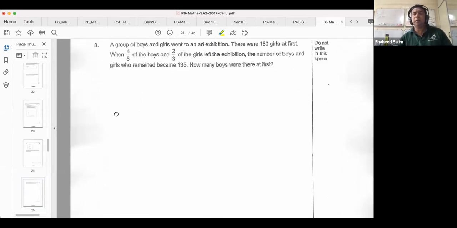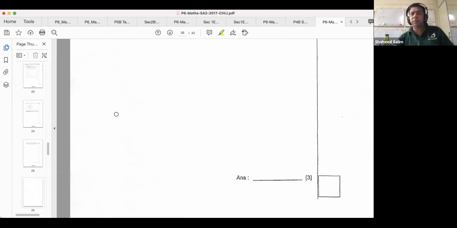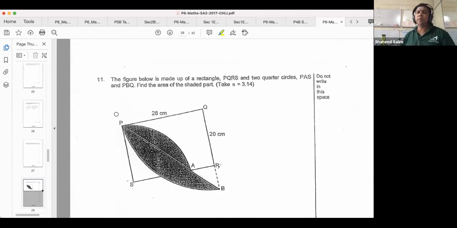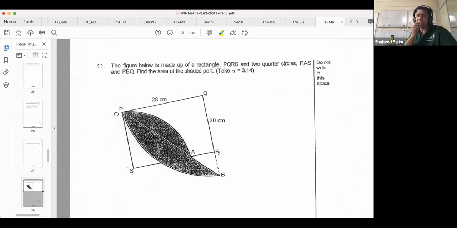Done? I'm searching for this one. Your last question. You know that circles are coming out, right? Last question. Those who have forgotten, area is... sorry.